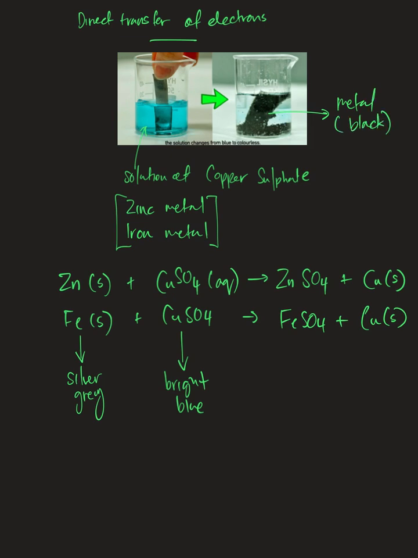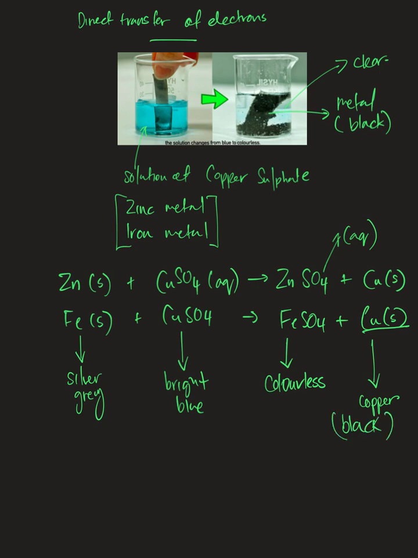And the solution is not blue anymore, it's now clear. So what you end up with here is an aqueous solution of zinc sulfate or iron sulfate, which is colorless. And then you end up with a new metal, which is copper, or rather the color is then black.